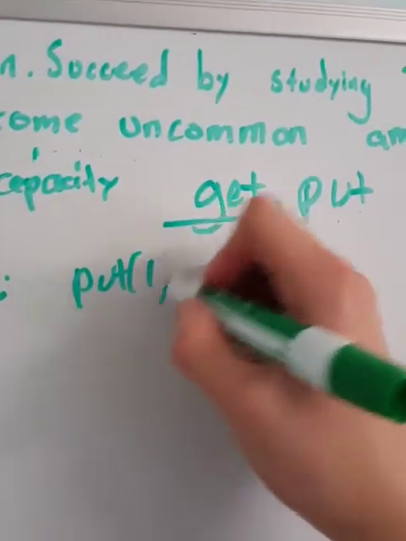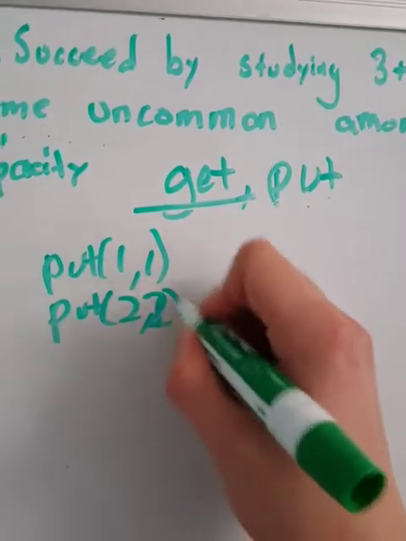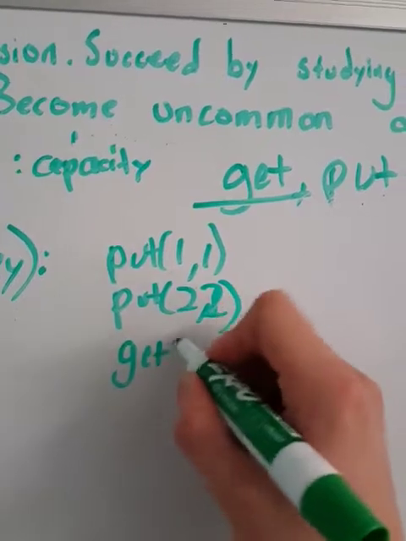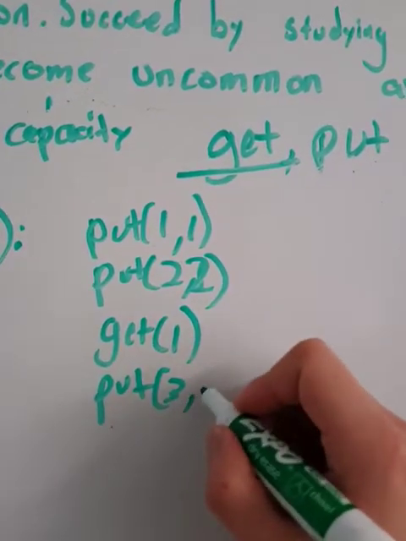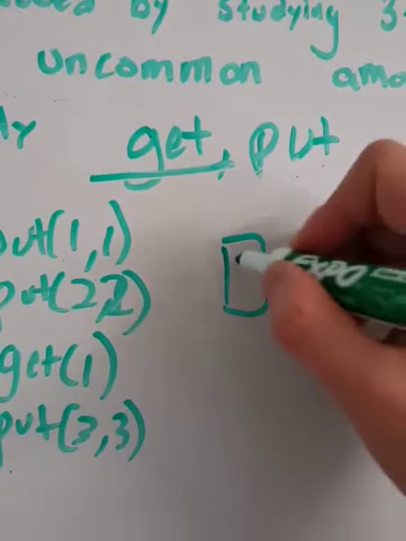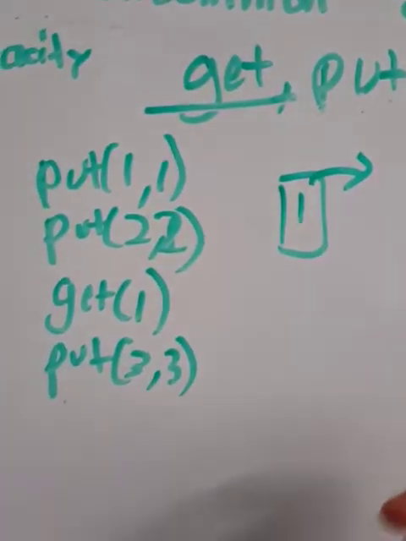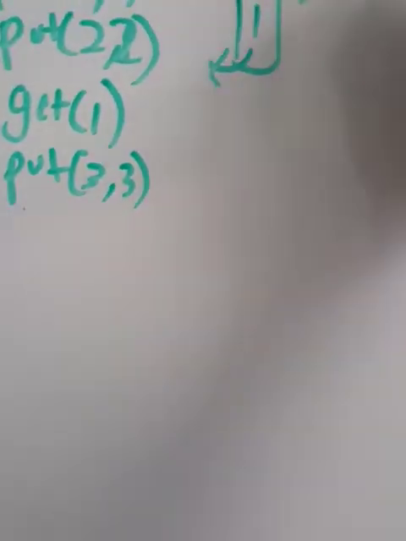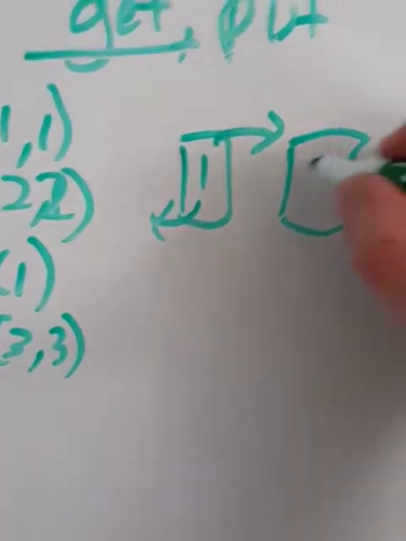We see put 1, put 2 and then get 1, and then put 3, and then let's say the capacity was 2. So when we put 1 we have 1, and that's pointing to the tail, and then the previous is pointing to the head. And when we put 2 we're putting it from the right because we want it to be our most recently used item, right?